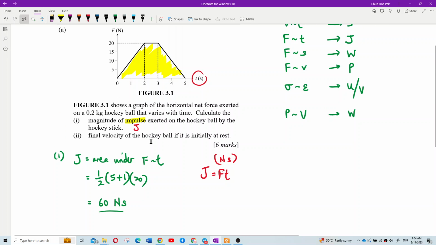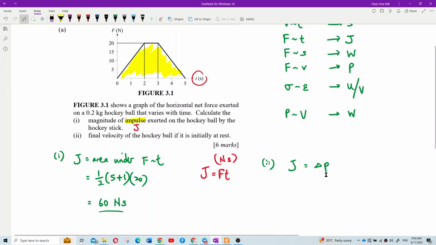Now, what is the final velocity of the hockey ball if initially at rest? That is question 2. Impulse is actually change of momentum. Do you still remember?